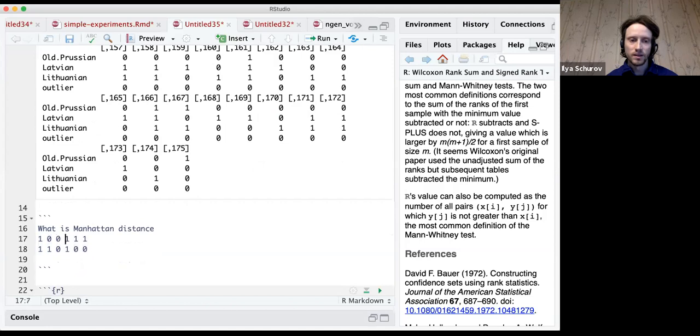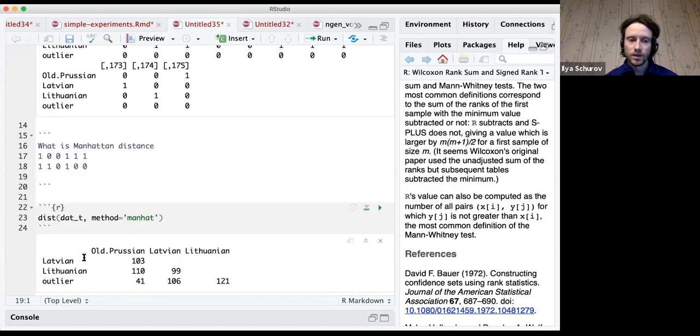Yes, exactly. For binary sequences, Manhattan distance is just the number of places for which the corresponding values are different. So we have a difference here, here, and here. So this distance is 3. If we use Manhattan distance here, we will get only integer numbers.